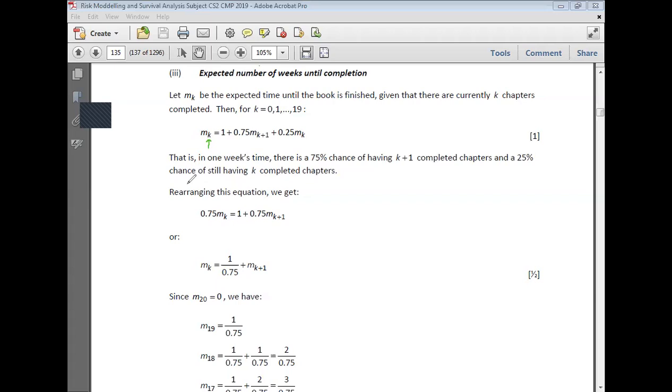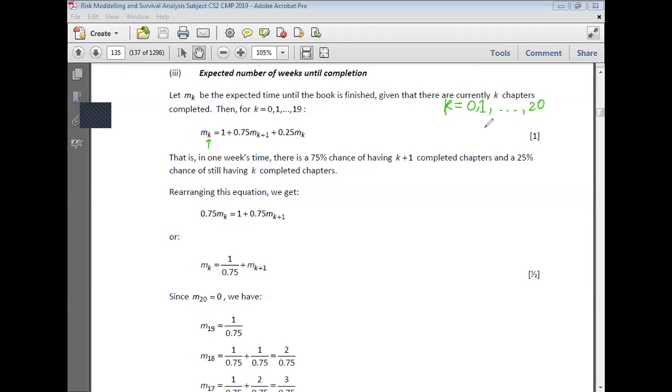I know that K is the number of chapters I have completed up until now. So what values can K take? K can take values from 0, 1, and so on till 20, right? So K can go up until 20.